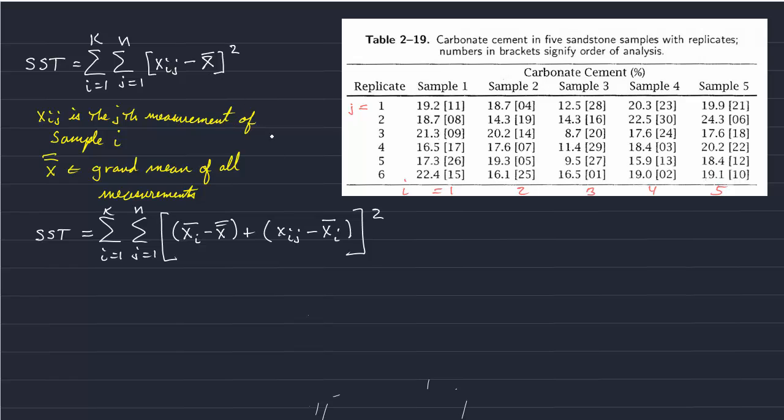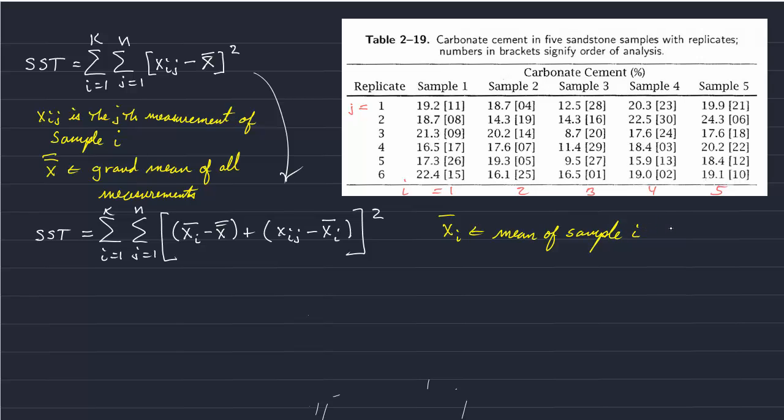Okay, so I've just basically added the mean of the sample and subtracted it here to show two different parts. And here again, x bar I is the mean of sample I.